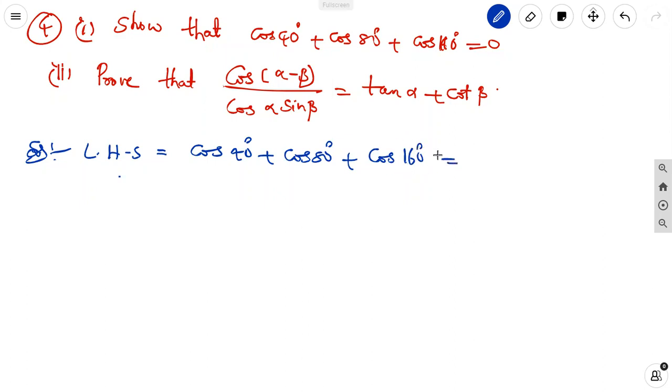Here cos of 160 degrees can be written as 180 minus 20. Cos 80 degrees means we can write it as 180 minus 100.